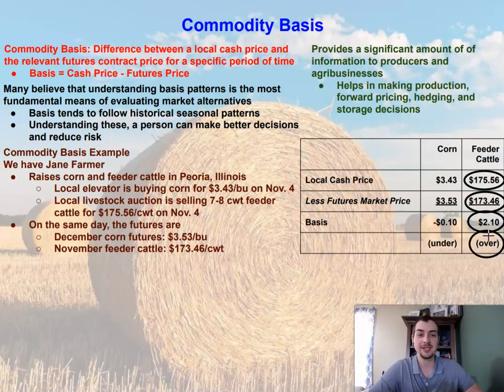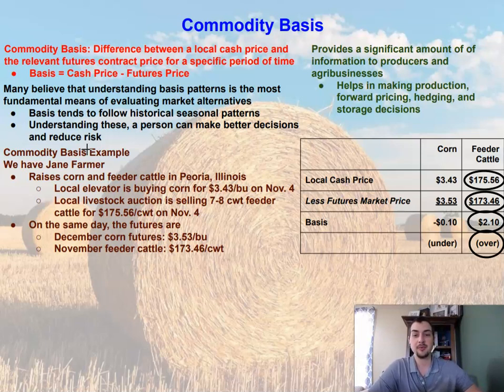What does this mean? It means that the local market is selling cattle at a higher price than what it's going for in the futures, by $2.10. So it's $2.10 over. And we're looking at that commodity basis to see how much it's changing over time.